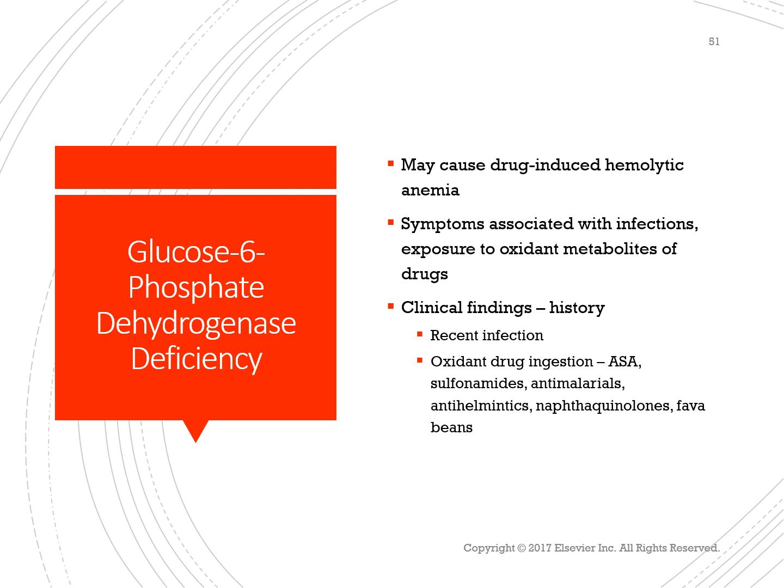Clinical findings in the history, we're usually going to see if these kids have had a recent infection, or they've had some sort of oxidant drug ingestion, so aspirin, sulfonamides, antimalarials, antihelmintics, fava beans. So these oxidant drugs can cause this deficiency.